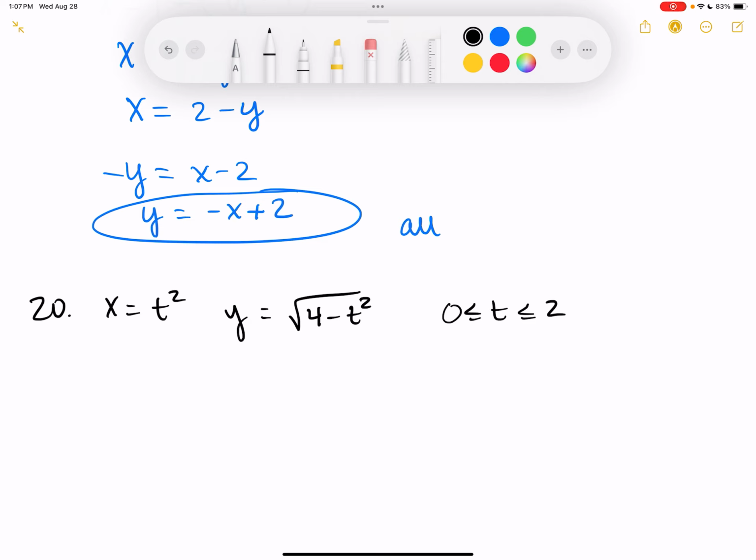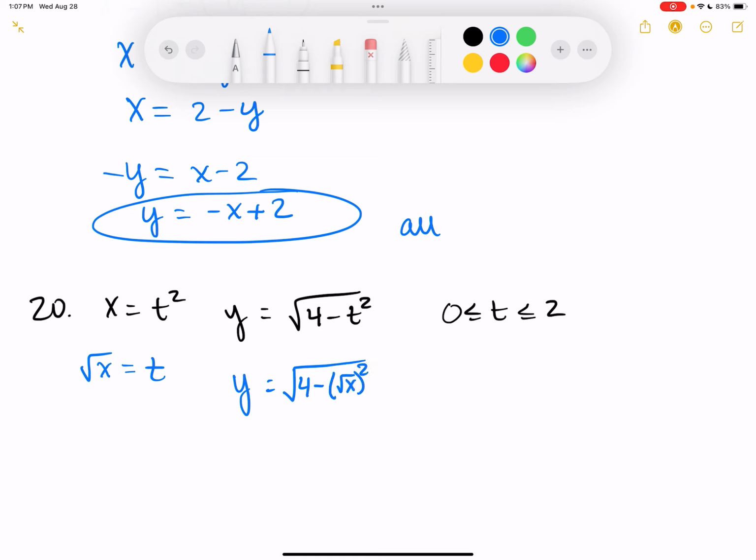I was going to do that one, but then I was thinking about plugging it in, and really, if we did plus or minus, when you plug it in, since it's going to get squared over here, it doesn't really matter. So you don't have to worry about that part. So y equals the square root of 4 minus parentheses square root of x squared.